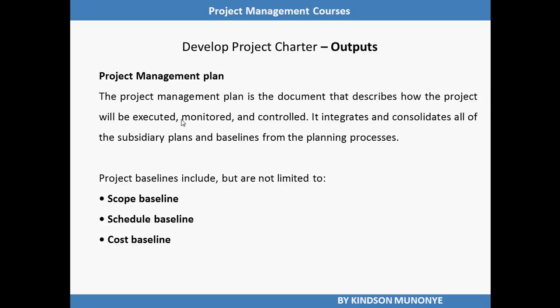The scope baseline defines the scope, the boundary of the project. The schedule baseline defines how much time has been set aside by the organization for this project. The cost baseline has to do with how much money has been set aside. So these 3 baselines, together with subsidiary plans, make up the project management plan.